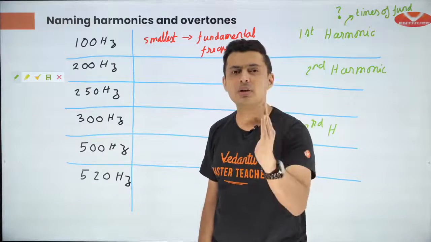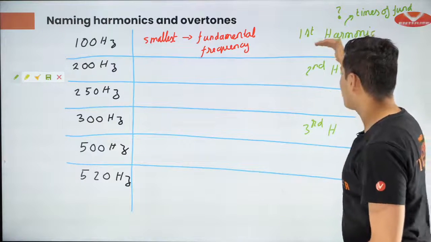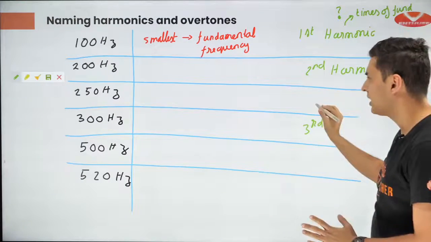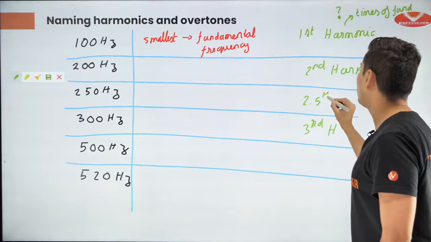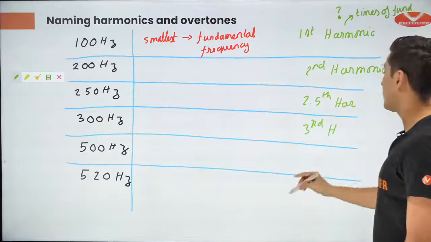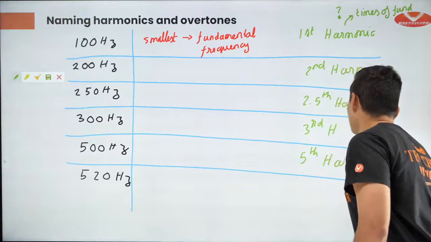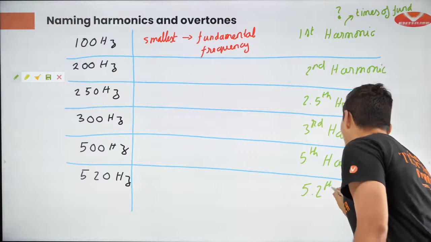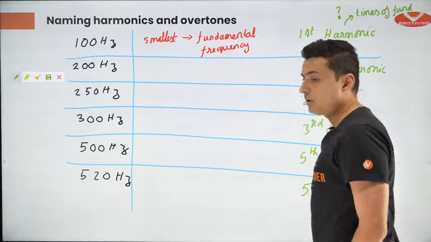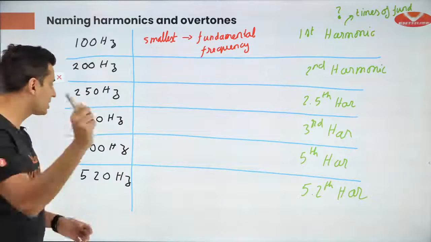So usually you have an integral number of harmonics. Think of it this way: first harmonic, second harmonic, third harmonic. Generally you will not get these fractional ones, but just for the sake of it, this is the 2.5th harmonic, this is the third harmonic, this is the fifth harmonic, and this one is the 5.2th harmonic. I hope this is clear, how the harmonic works.